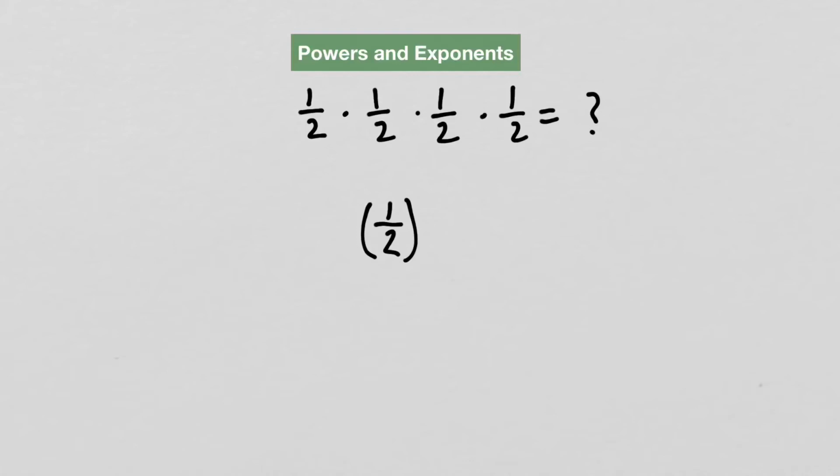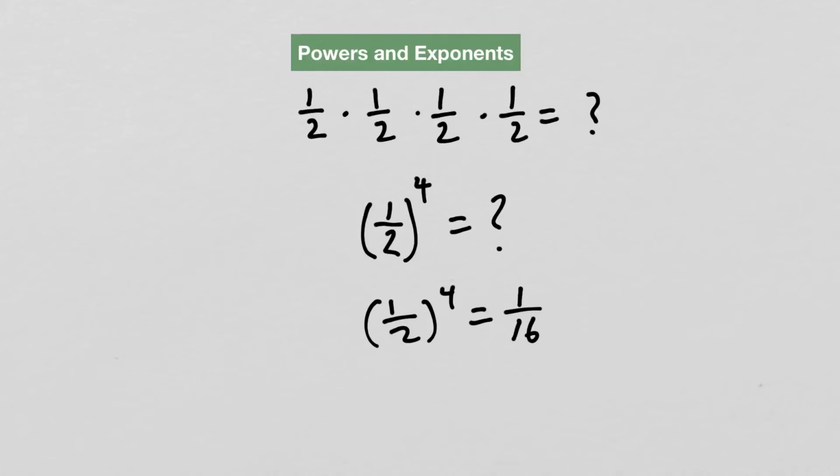There are 1, 2, 3, 4, so raised to the power of 4, and that is equal to some number. So 1/2 to the 4th power is equal to 1/16. Hopefully that made sense to you.